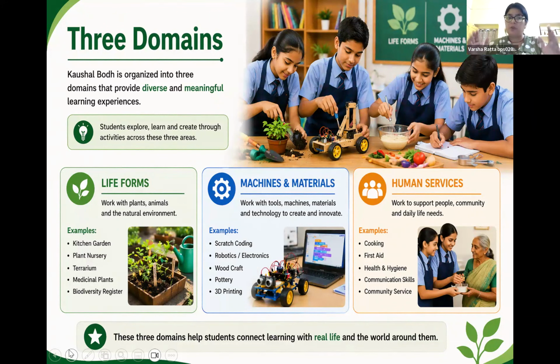So 3 domain होंगे books में. First is life form, second is mechanics and material, and third is human service, right? So in the life form हम क्या करने वाले? We are going to work with plant, animals and natural environment, है ना? अब ये projects कुछ तो हमने यहाँ लिखे हुए हैं, but not necessary कि यही हो. It can be as per your terrain that you are living in.